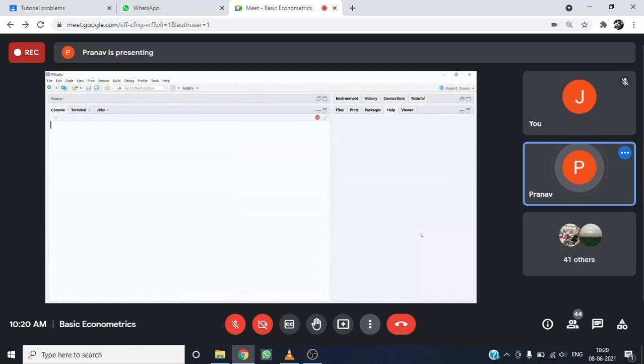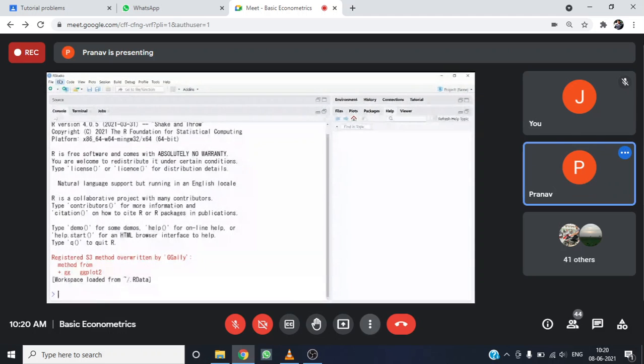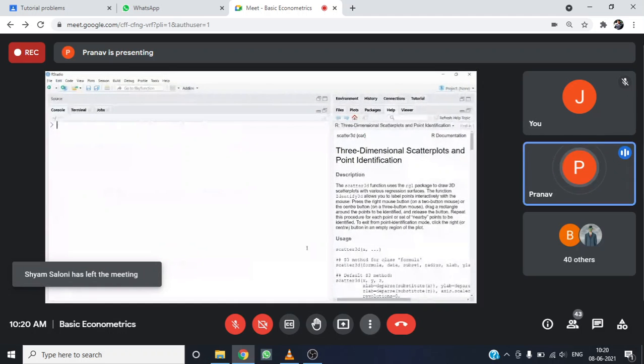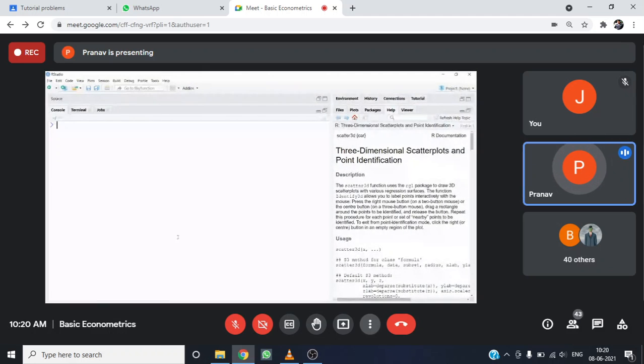All right. Can you all see my RStudio on the screen? Yes, sir. So I want you to load the data set K401KSUBS from the package wooldridge.